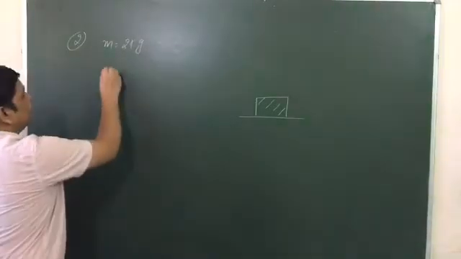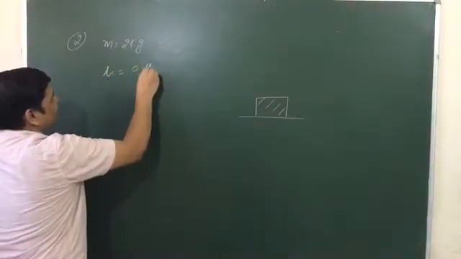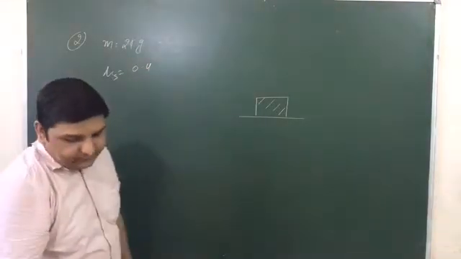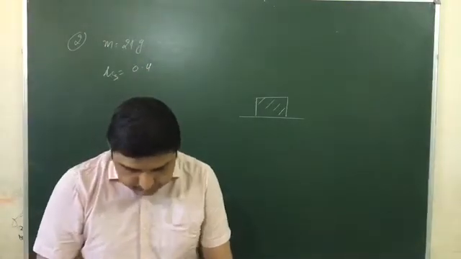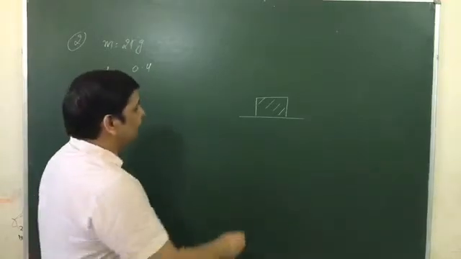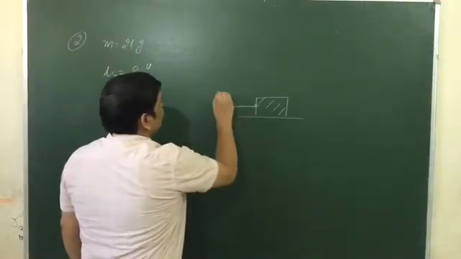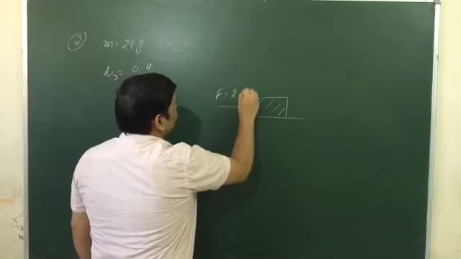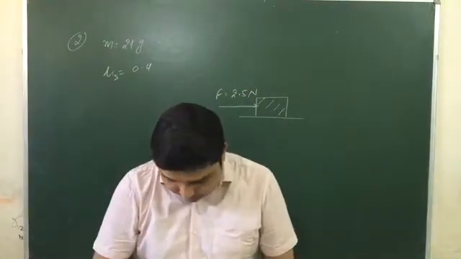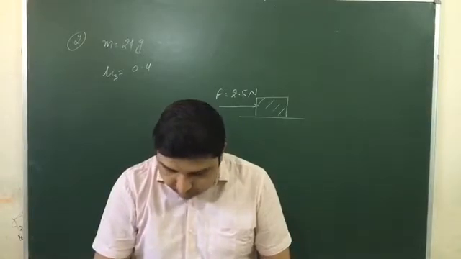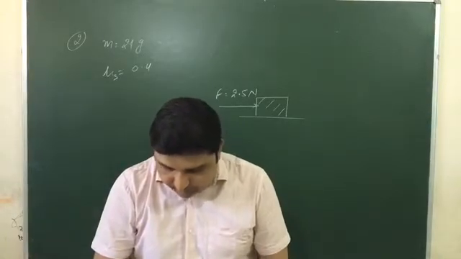Coefficient of static friction is given 0.4, and a force of 2.5 Newton is applied on the block. Calculate the force of friction between the block and the floor.